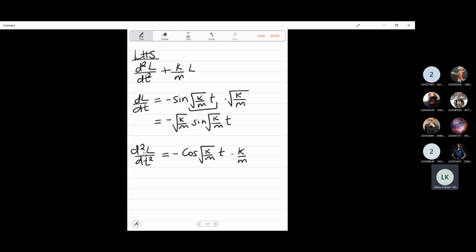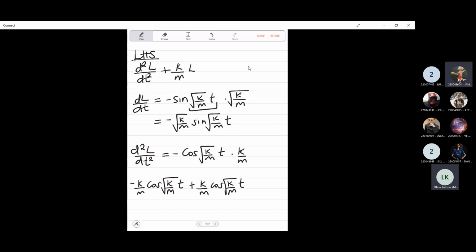Now that I have my d²L/dt², I can substitute it here and show that my final answer is equal to 0. So I have minus k over m cos of the square root of k over m times t, plus k over m times L. L is cos of the square root of k over m times t.